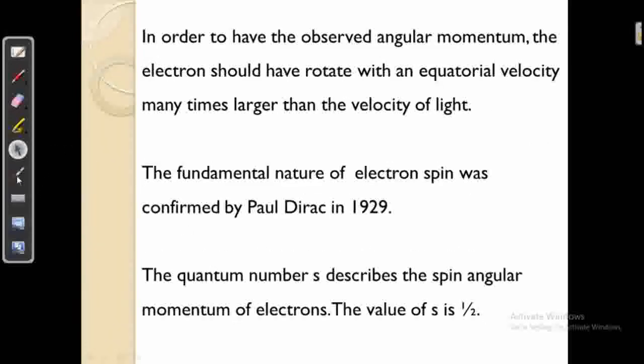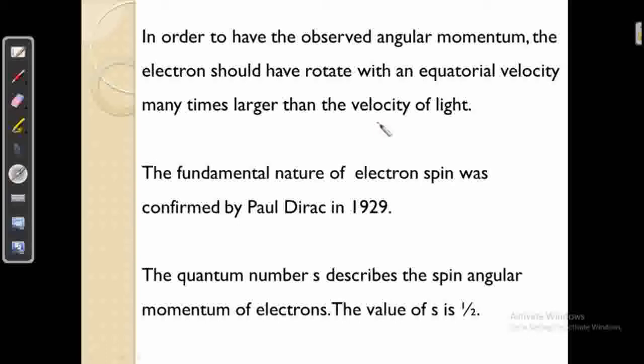The second drawback is that we have some angular momentum associated with the electron, that is, we can observe some angular momentum. In order to obtain this angular momentum, this charged sphere should rotate with a velocity many times larger than the velocity of light. So if the electron is a charged sphere, it should rotate with a velocity many times larger than the velocity of light.